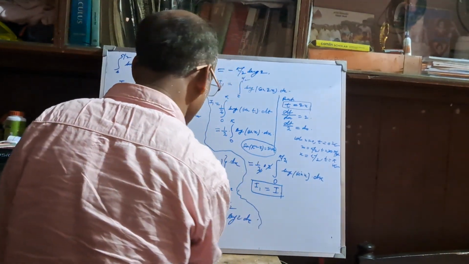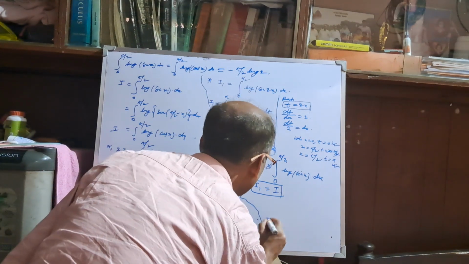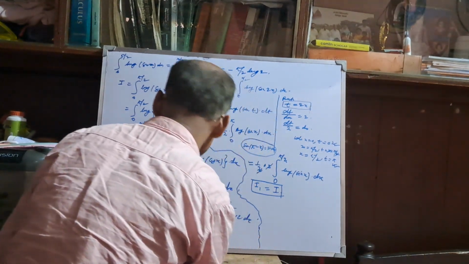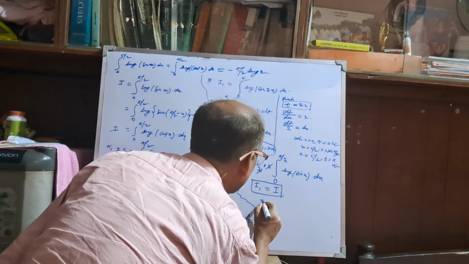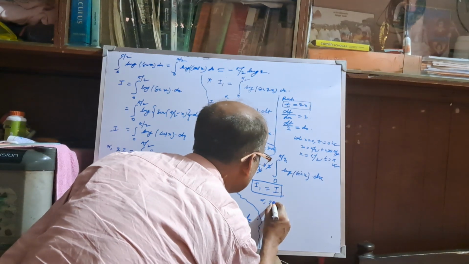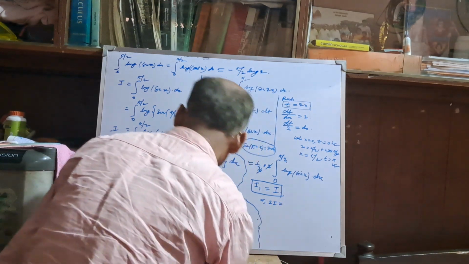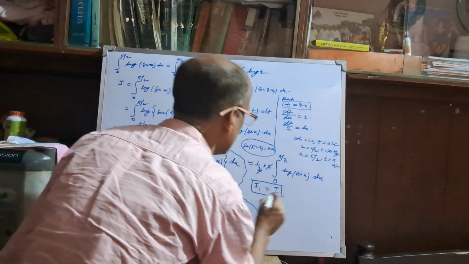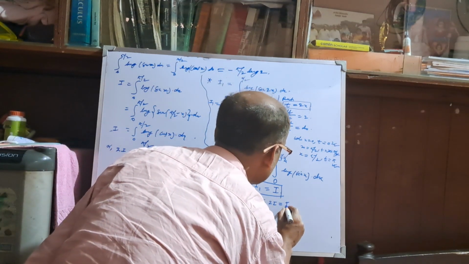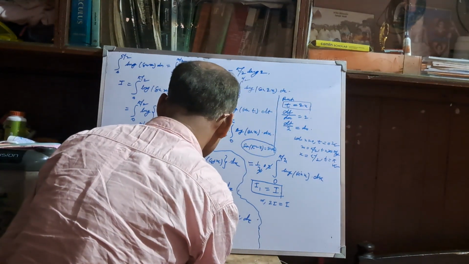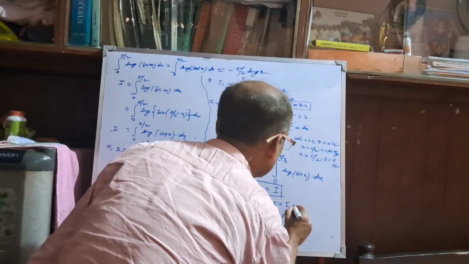Okay. So what I will have, actually 2I is equal to, here I am doing this because the space is left here, 2I is equal to I1 is equal to I, and this will be here minus log 2.